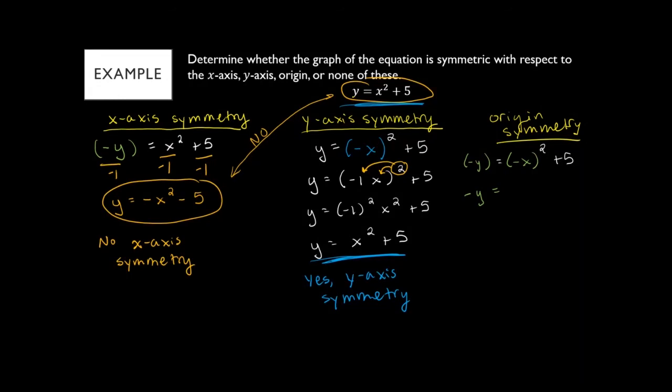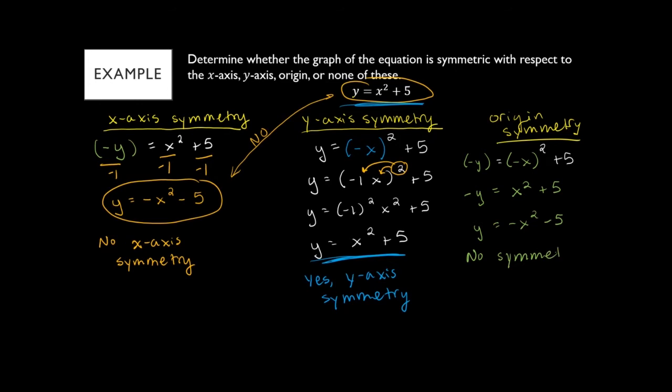And because of our work for the y-axis symmetry, we know that negative x squared will give us a regular x squared, because we just did that same thing in the middle here for the y-axis symmetry. So now we're at what we had with x-axis symmetry. And if I try to solve this for y by dividing everything by negative 1, I get y equals negative x squared minus 5, and that does not match.